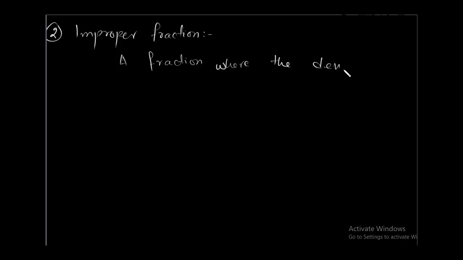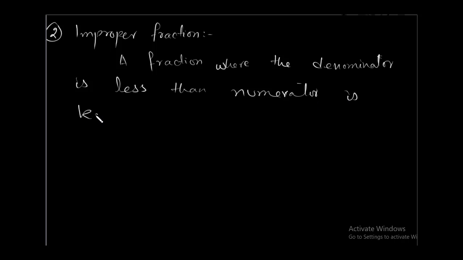The second type of fraction is the improper fraction. First of all, I should write the definition: a fraction where the denominator is less than the numerator is known as an improper fraction.